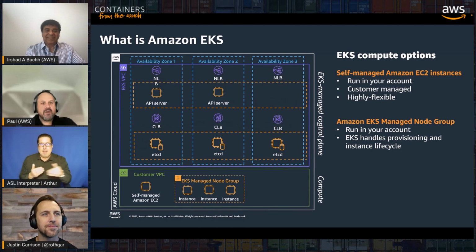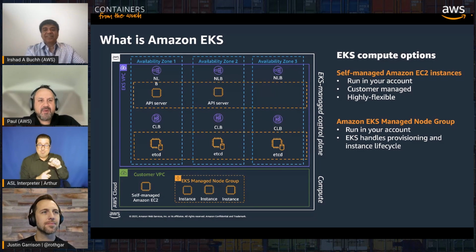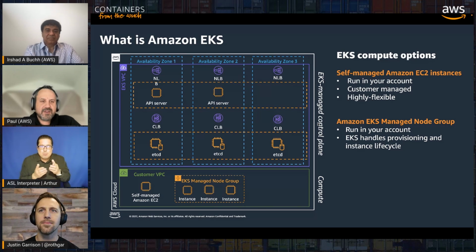Great. So starting off with Amazon EKS, I've been working with Amazon EKS for a number of years now and been working with the service team for a long time and some of our largest customers. One of the things that's really great about Amazon EKS is that this is a fully managed Kubernetes offering that is running in your accounts. So what AWS does is that we manage the control plane. This is handling the API servers and etcd and making sure that scales and that's fully resilient. And then the actual workers, those are running in your account.